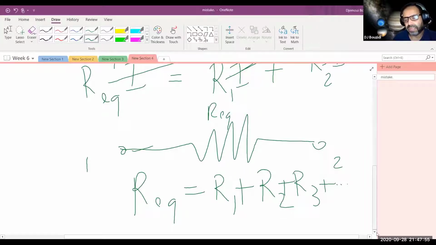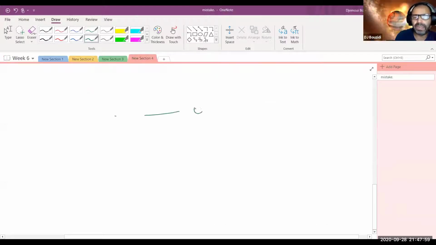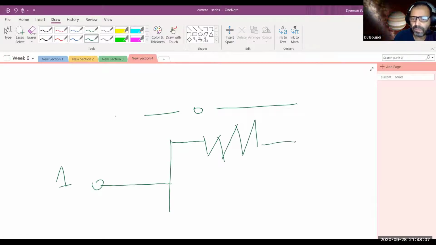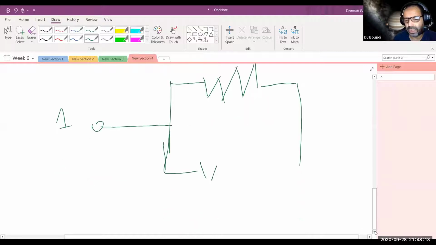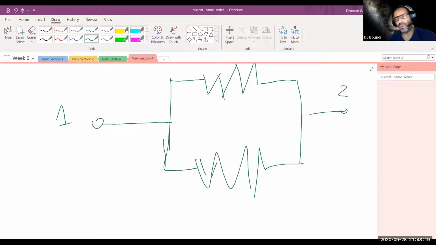Now, when they're in parallel, it's a different story altogether. When they are in parallel, I have point 1, and I'm going to break it down into 2 now. I have another resistor that is also in parallel with the initial resistor, and both of them are connected across the same voltage difference.